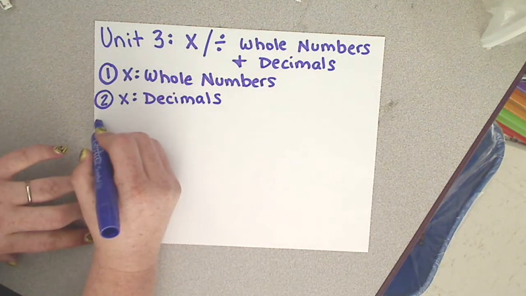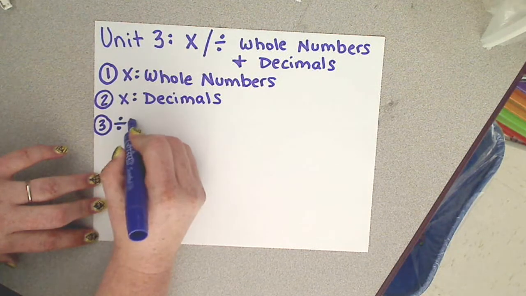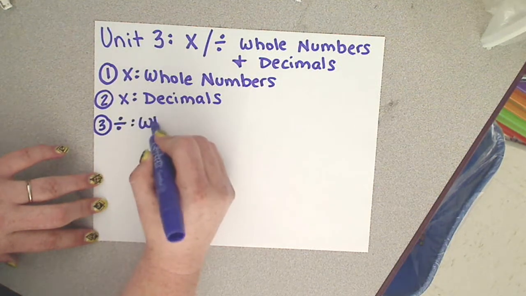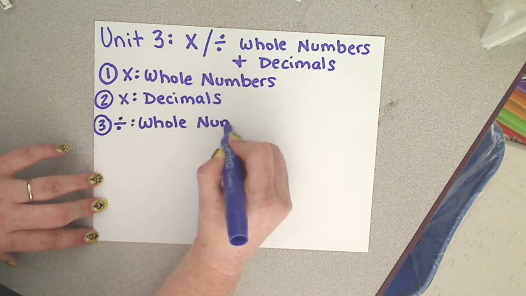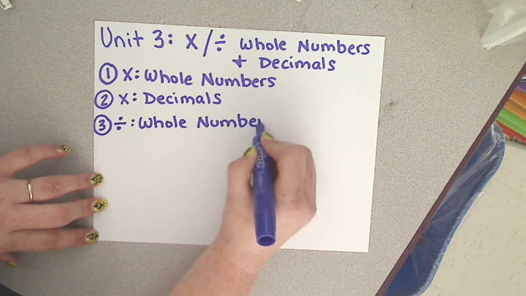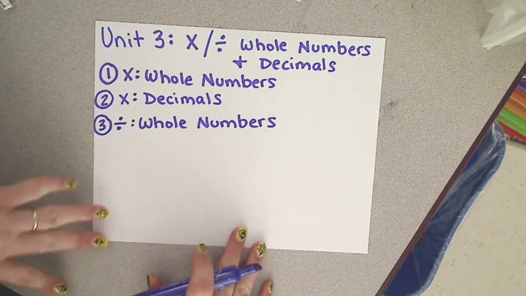The third part of this unit is going to be talking about division of whole numbers. Just like with multiplication, most of that should be fairly straightforward and most of it should be review, nothing that's going to freak them out too much.